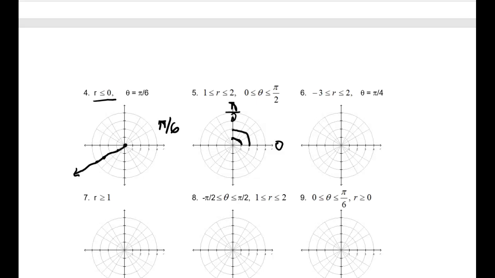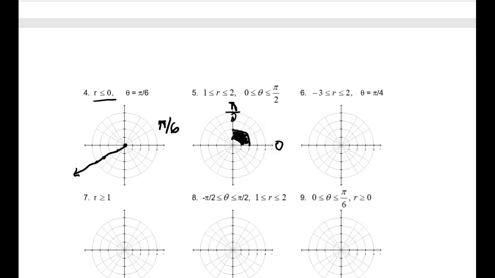But since it's in between 1 and 2, we would also want the radius of 1.1, 1.2, 1.3, 1.5, which when we do all of those would basically result in a quarter of a donut or a quarter of a washer between angle 0 and pi over 2.